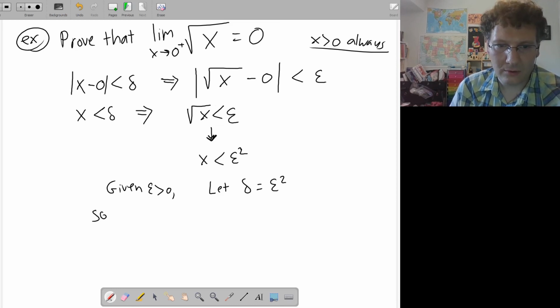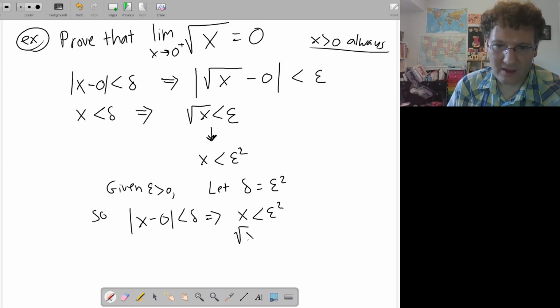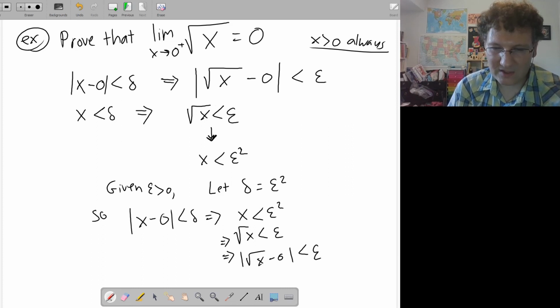And so as long as x minus 0 is less than delta, that's the same as x is less than epsilon squared, and that means the square root of x is less than epsilon, which implies the absolute value of square root of x minus 0 is less than epsilon.